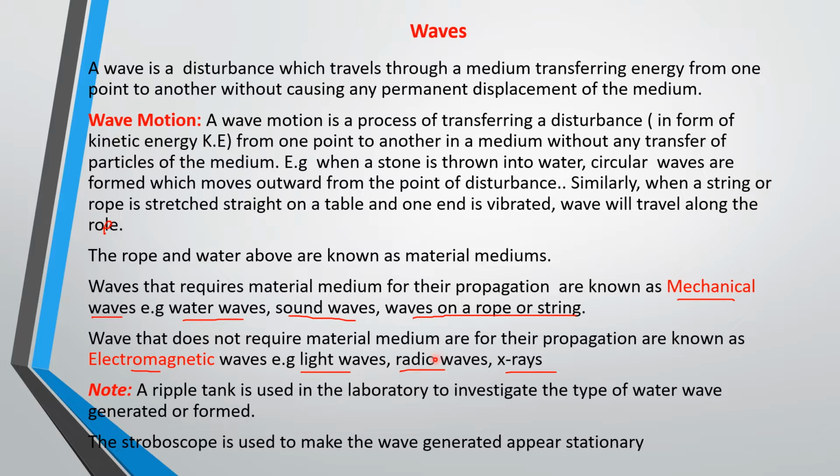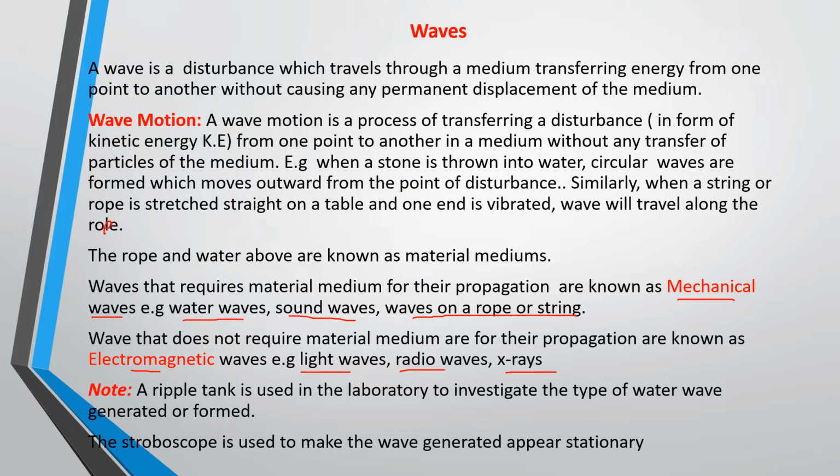Right, so for you to demonstrate generation of wave, there's a piece of equipment that is actually used in the laboratory. It is called the ripple tank. With the aid of the ripple tank and an instrument that is called a stroboscope, you can actually observe the wave generated in a tank.